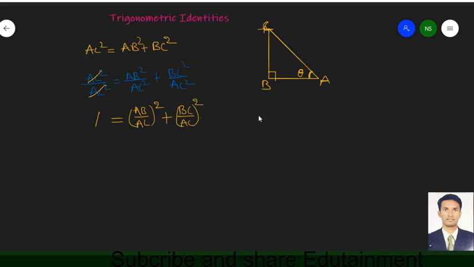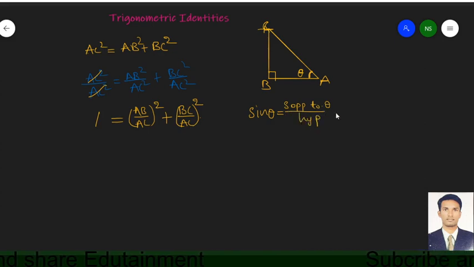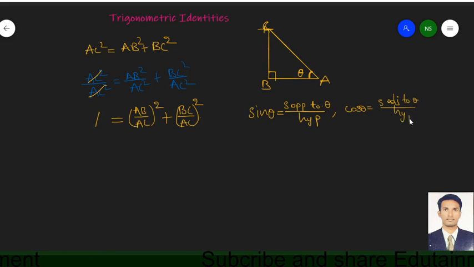We all know the trigonometric ratios basic formula: sine theta is side opposite to theta by hypotenuse, and cos theta is side adjacent to theta by hypotenuse.